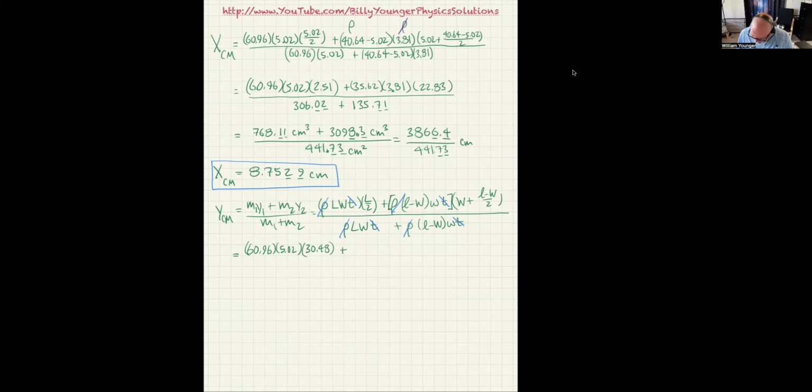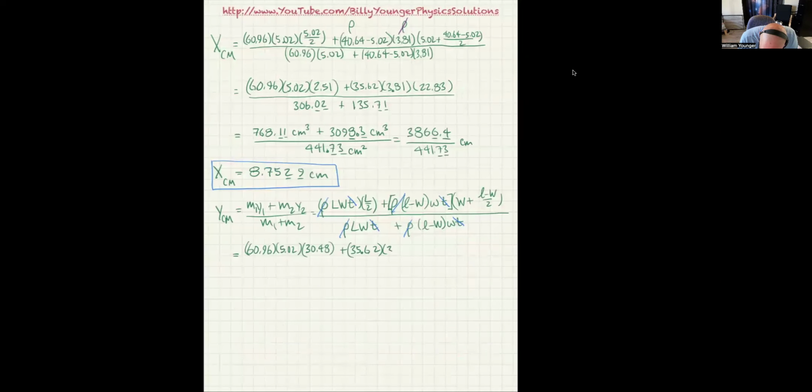Now I'm going to take the L minus W, which was 40.64 minus 5.02, and that's going to give me 35.62 centimeters for the L minus W. And then the omega is 3.81, like that. And now I've got to put the y center of mass, which is W plus (L minus W) over 2.